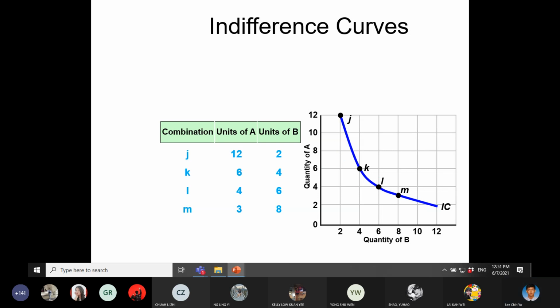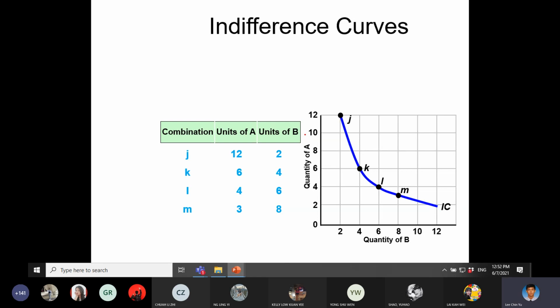If we draw the indifference curve that connects J, K, L, M, they will give you the same level of satisfaction. Whether you consume combination J or combination M, actually no difference. You are still happy.